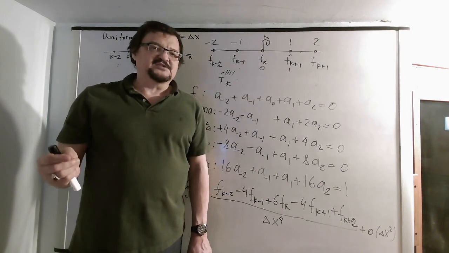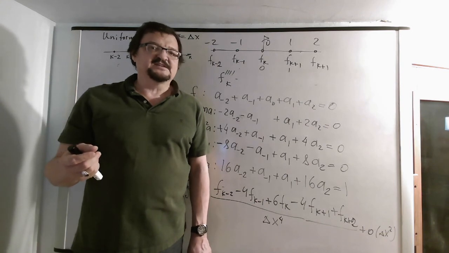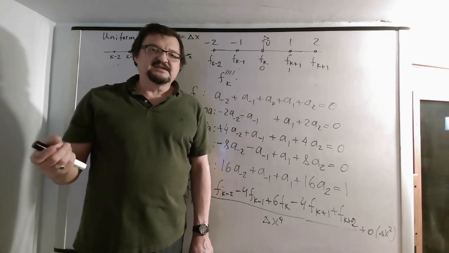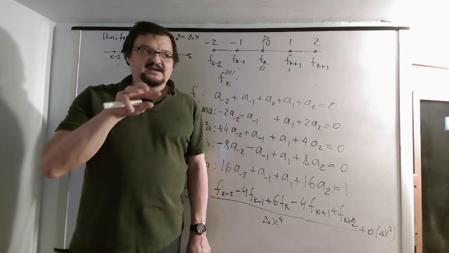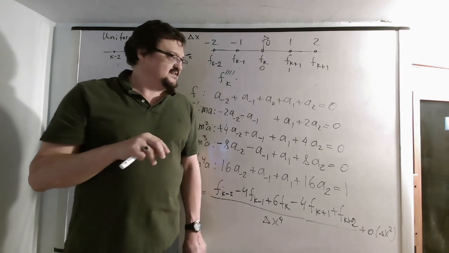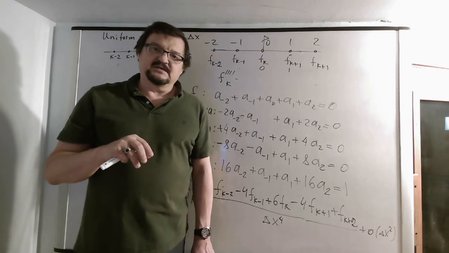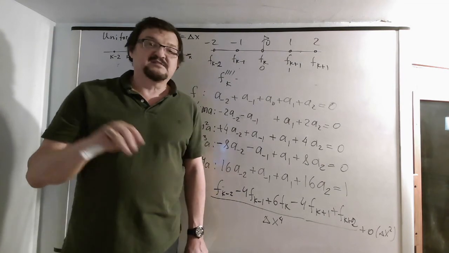For example, for the second derivative, like for the diffusion equation, I think in most cases this kind of second order accurate scheme using the 3 grid points pattern that we discussed before is sufficient.